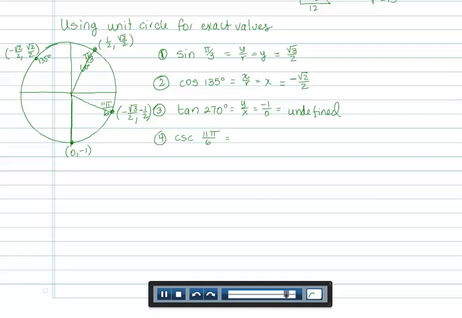And if the sine is y over r, this is r over y. So this is going to be 1 over negative 1/2. Now, when you're dividing by a fraction, you have to remember that it's the numerator times the reciprocal, the flip version, of the denominator. So negative 2 over 1. You multiply across, you get negative 2 over 1, or just negative 2.